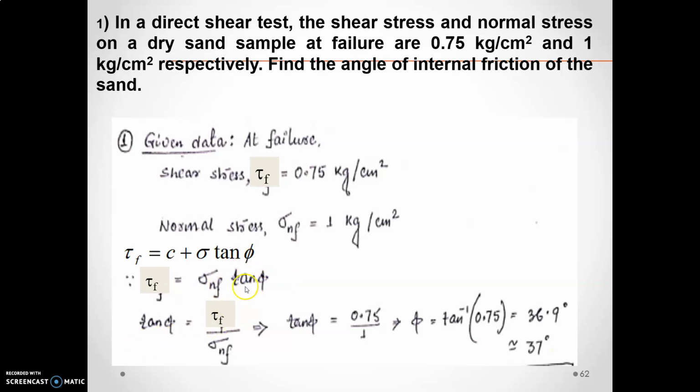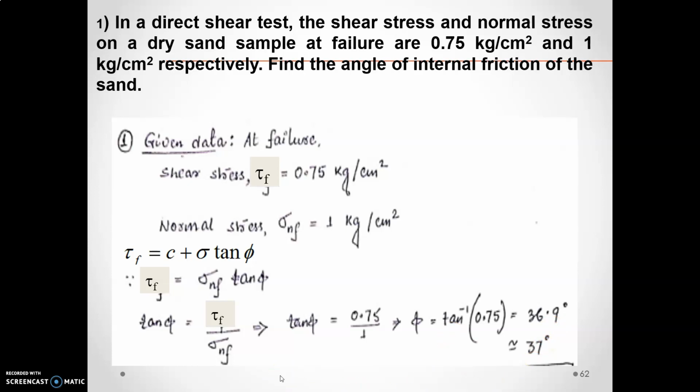Okay, so tan phi is equal to tau F divided by sigma NF, or sigma N you can also write, not a problem. So tan phi is equal to 0.75 divided by sigma N, which is 1. So phi is equal to tan inverse of 0.75, that is equal to 36.9 or 37 degree.